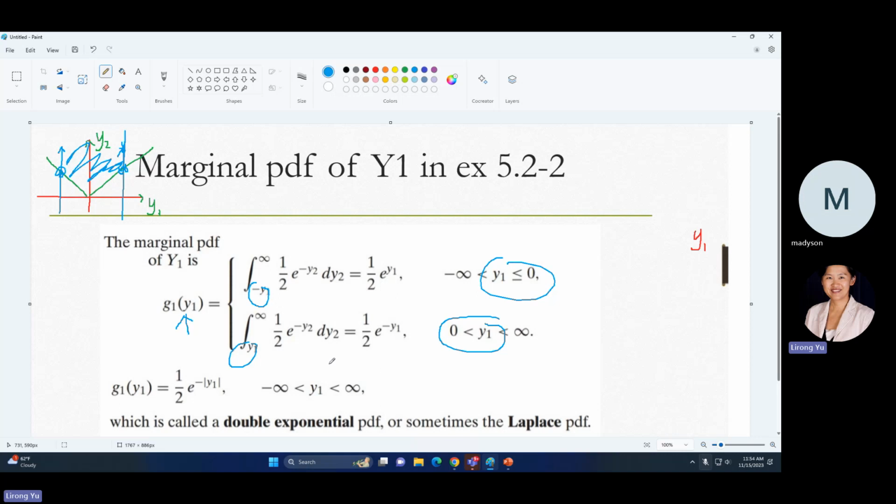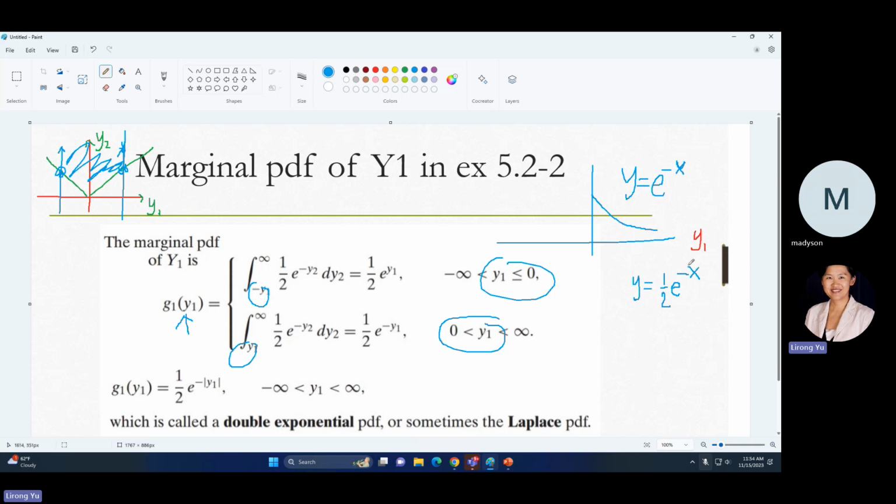The actual exponential distribution only occupies the positive part of the plane. If you are thinking about y equal to e to the negative x, that's how it behaves. Now we have y equal to 1/2 e to the negative absolute value of x.